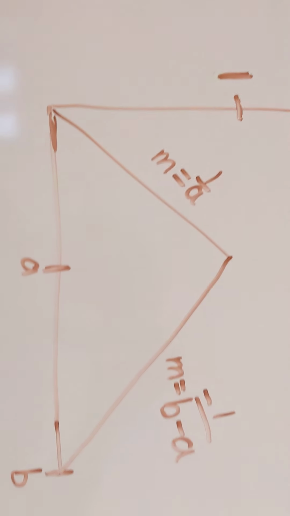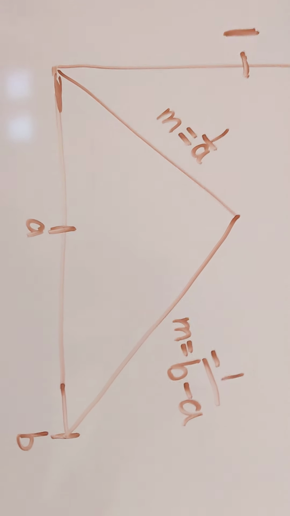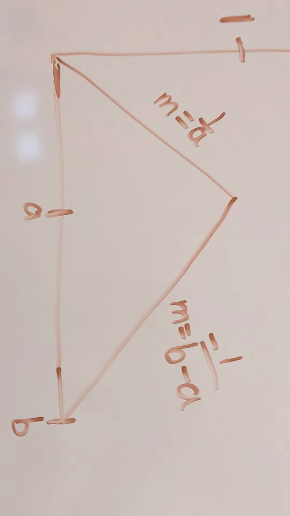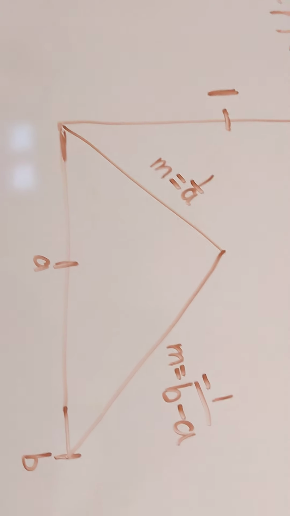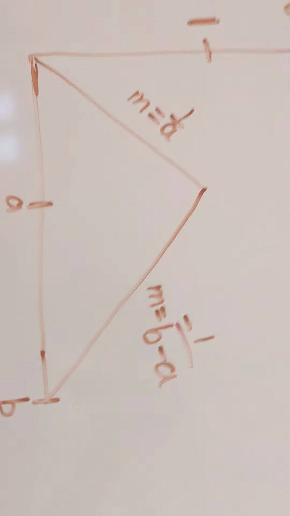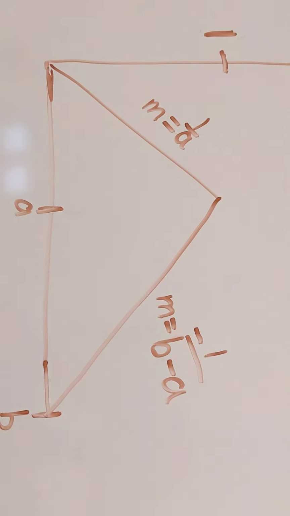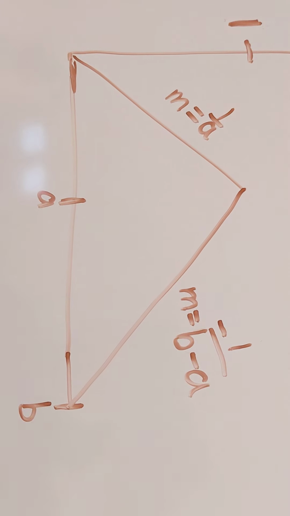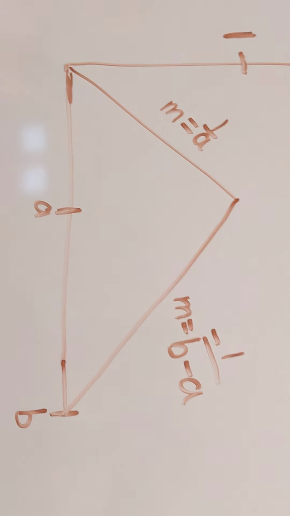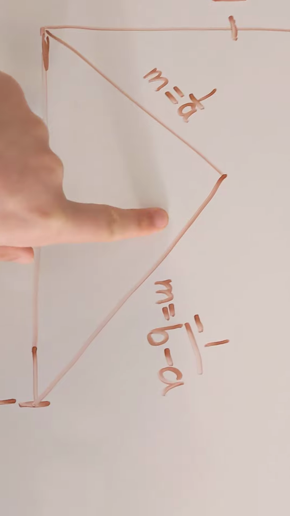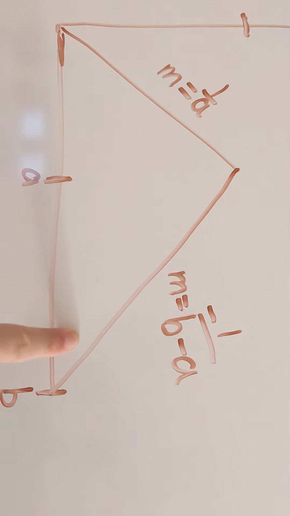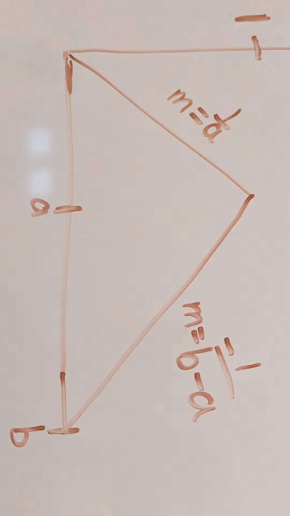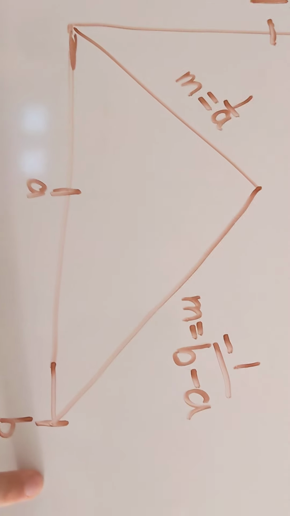And then between a and b, the function is (b minus x) divided by (b minus a). Again, that's another linear function with the slope being negative 1 over (b minus a), a negative slope. And as x approaches b, the function approaches 0.